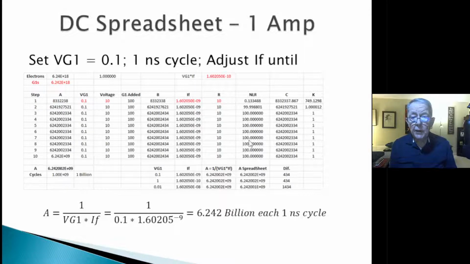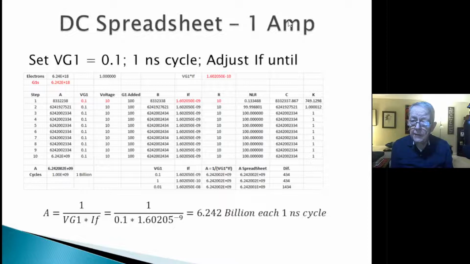Well, here's a spreadsheet I did in my very last video on DC. If you remember, it was a rather complicated thing, but I took a 10-volt DC source and a 10-ohm resistor, and I calculated what the values were going to be. I forced the value of G1s to be the same as the number of electrons that pass a point in the circuit, giving you 1 amp.